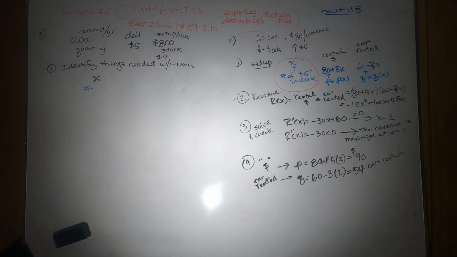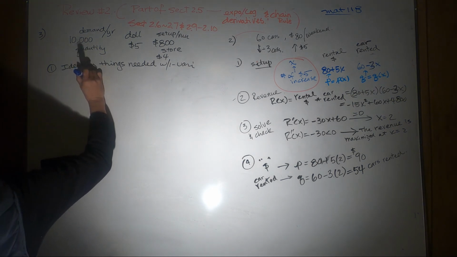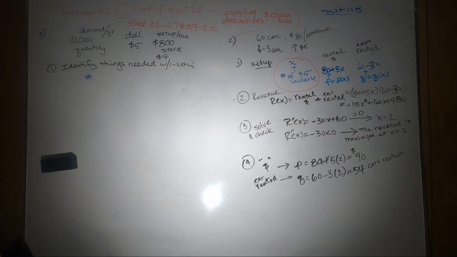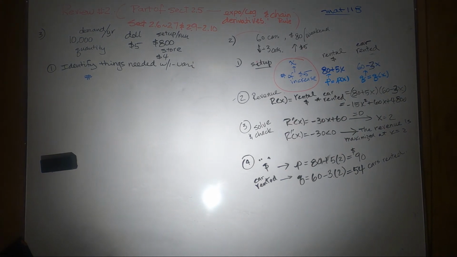That's an important thing for you to decide. The question was to find how many production runs, or how many will be produced at a time. So you can say, okay, I'm going to use the number of dolls to produce at a time.